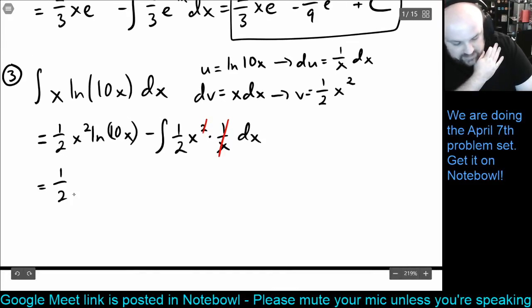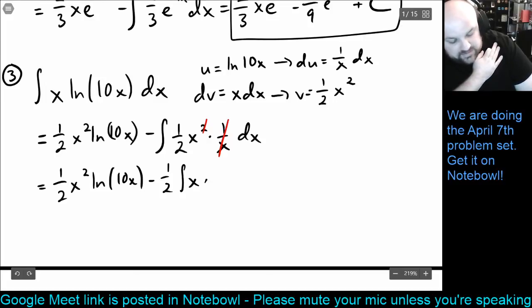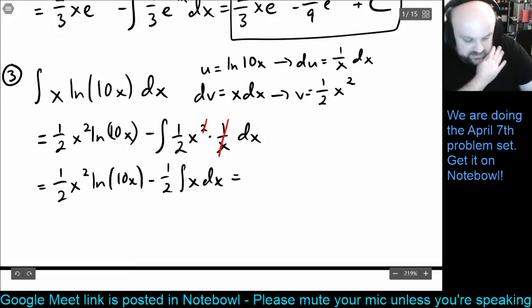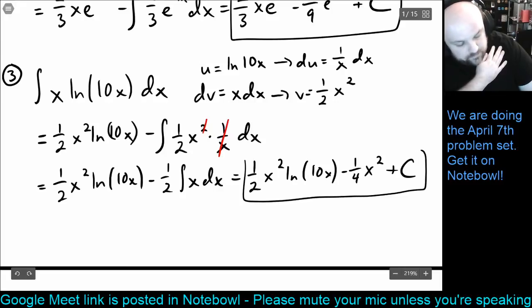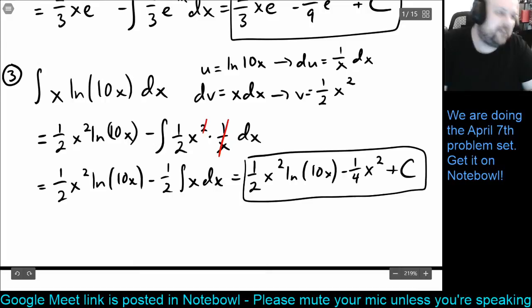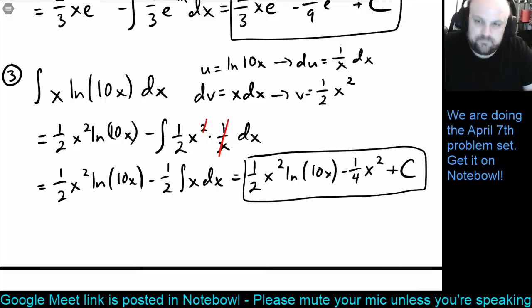And so we have 1/2 x squared ln of 10x minus 1/2 the integral of x dx. Finishing this up, we get minus 1/4 x squared out of that integral, plus c. About all there is to that one. Any questions at all there?